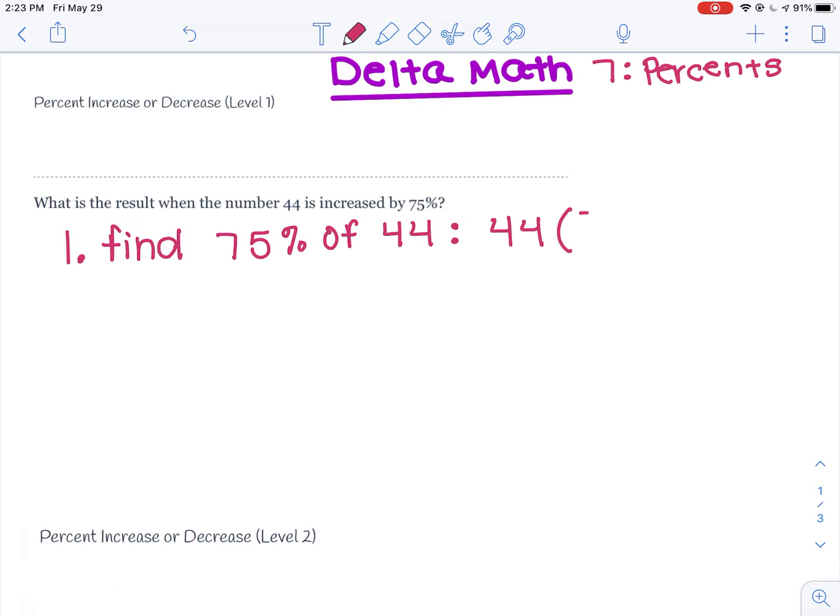And 75% is just 75 out of 100. So when I do 44 times 75 out of 100, or you could do 44 times 0.75, because 75 divided by 100 is just 0.75. So 44 times 0.75 is 33.